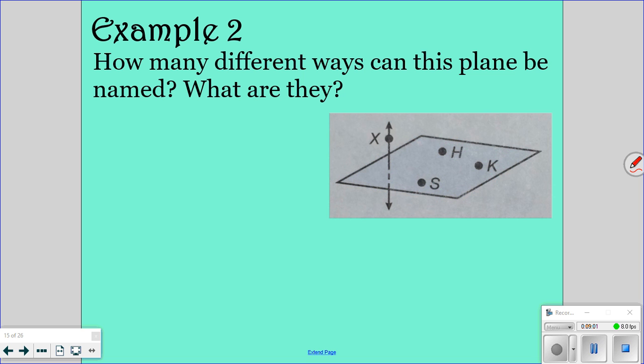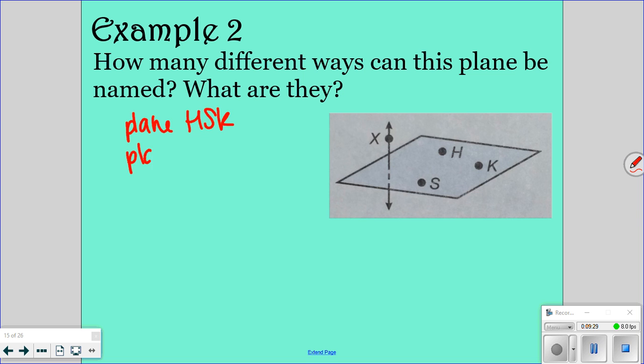So how many different ways can this plane be named, and what are they? We can name it with a capital letter, but they don't give us a capital letter here. They only give us 3 points. We can pick those 3 points and say plane HSK.